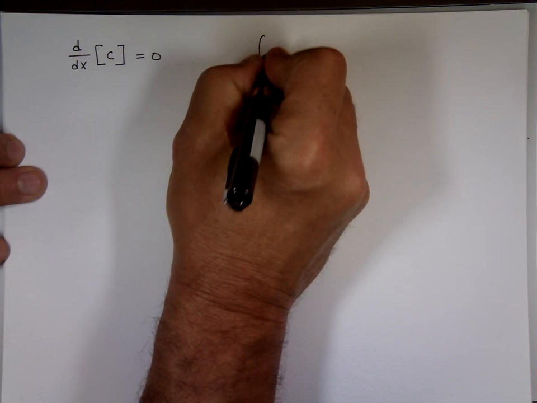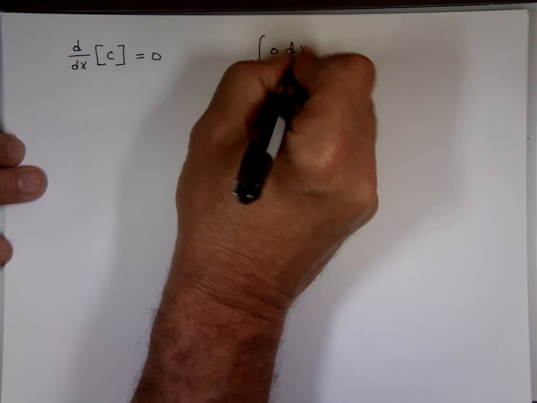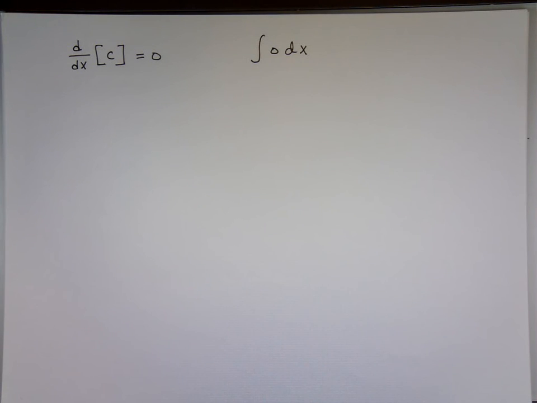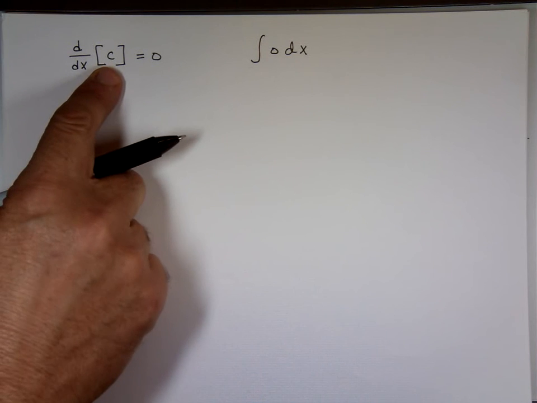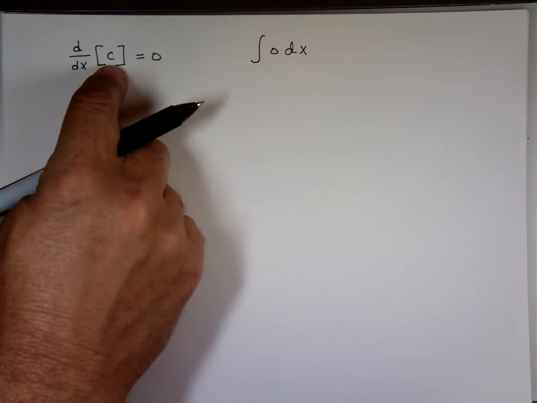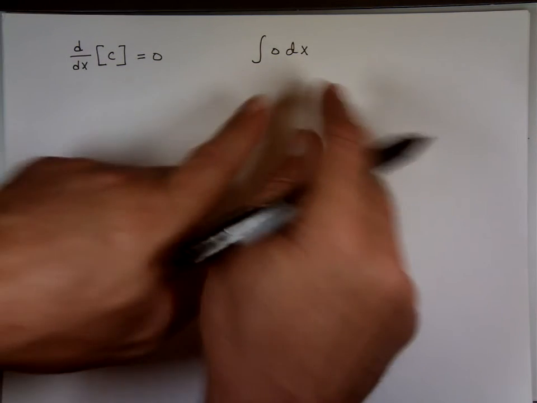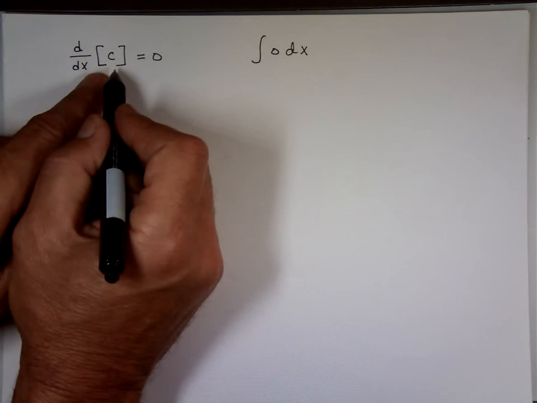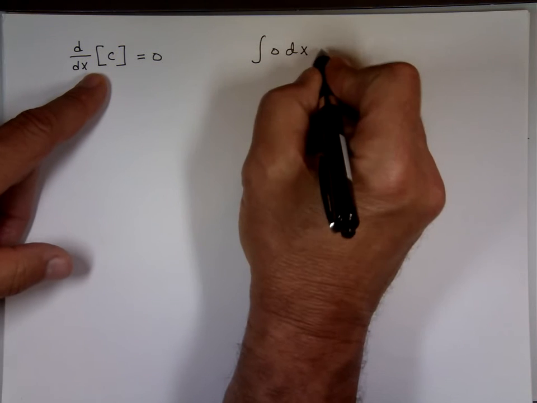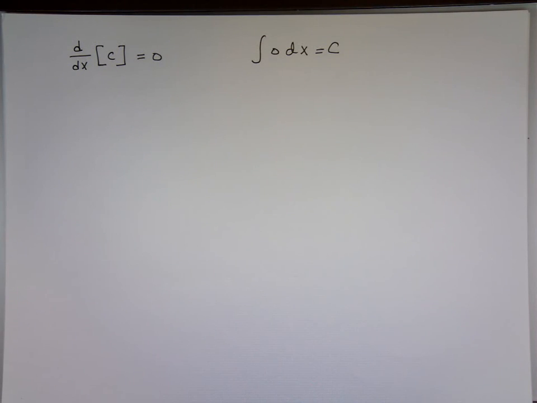What's the integral of 0 dx? What function has a 0 for a derivative? The constant. We're working backwards. So I'm giving you this, I'm looking for that here. This one, I'm giving you c, looking for the derivative. Here, I'm giving you the derivative, give me the problem. So this should be what? A c. The integral of 0 is always a c.